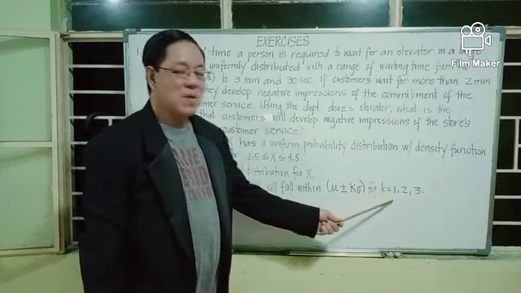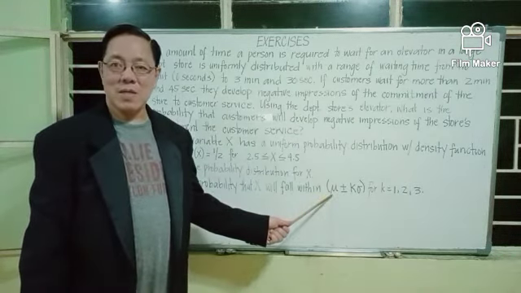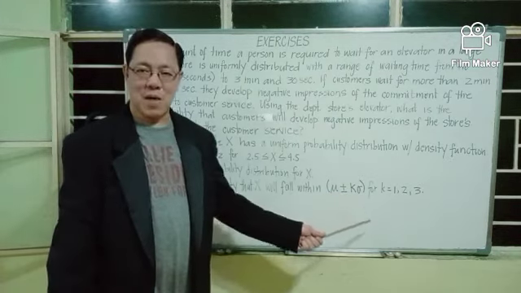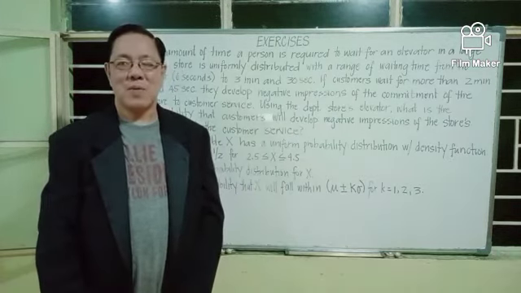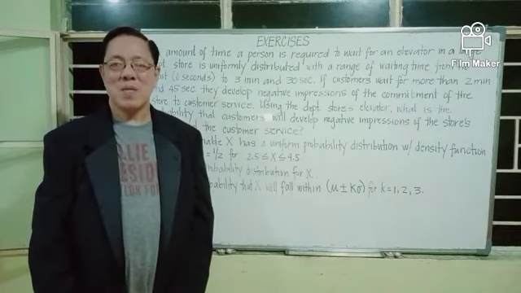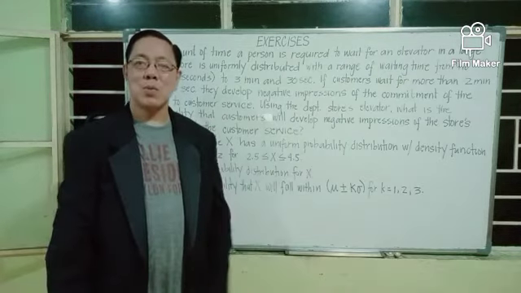And the third value of k is 3. You compute the limits or endpoints of the interval mu plus or minus 3 sigma, and then you also find the probability that the value of X will fall in that interval from mu minus 3 sigma to mu plus 3 sigma.